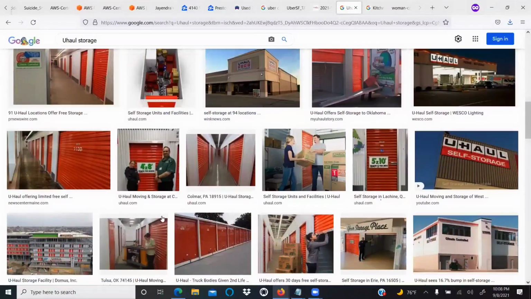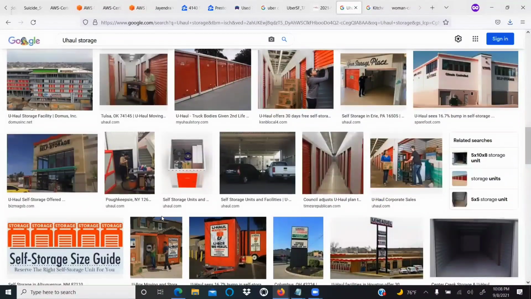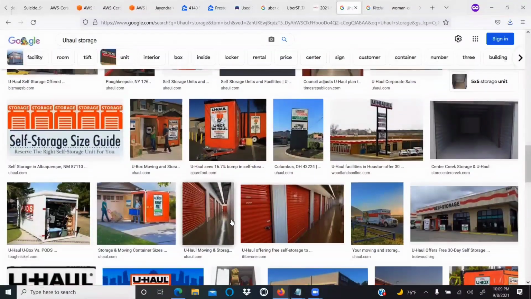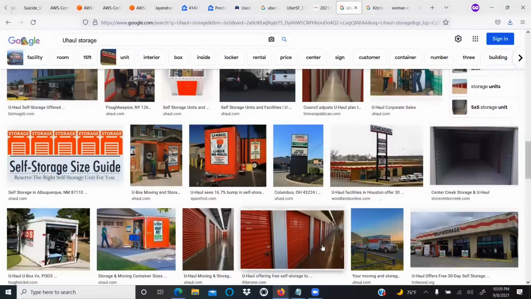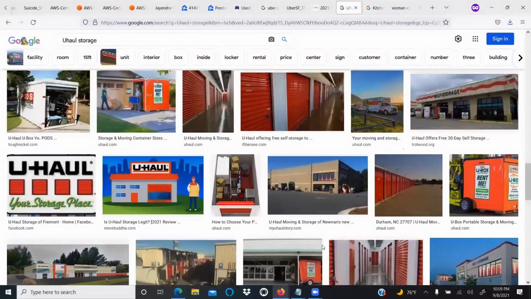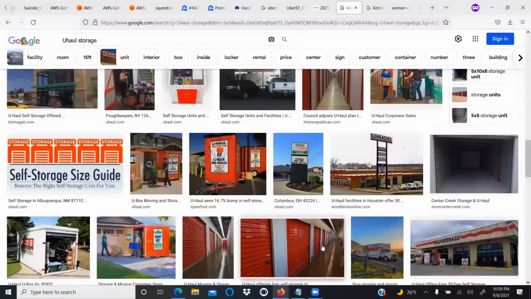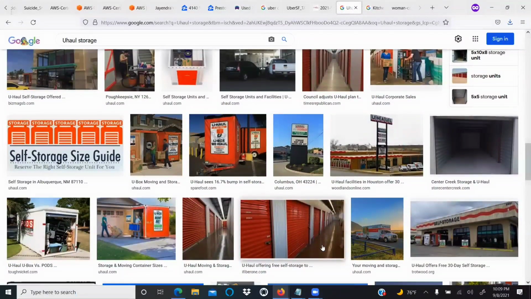They will tell you, oh, we have this kind of unit that you can just drive into. You have the ones that you go inside the building. You have climate control. You also have gates, okay, which is the security. However, you also have your padlock to your own unit. So those are the security in place.